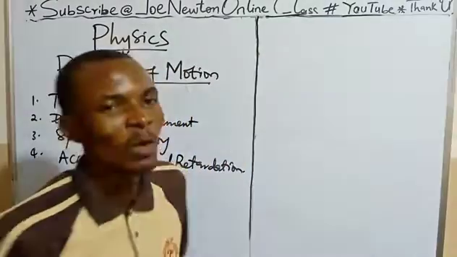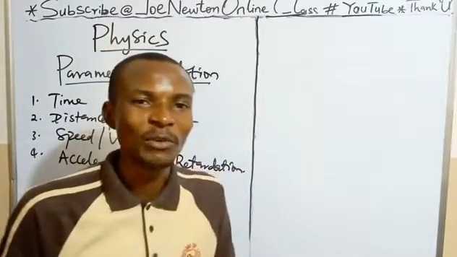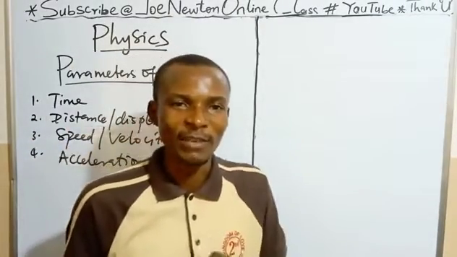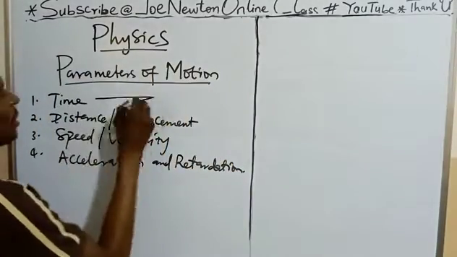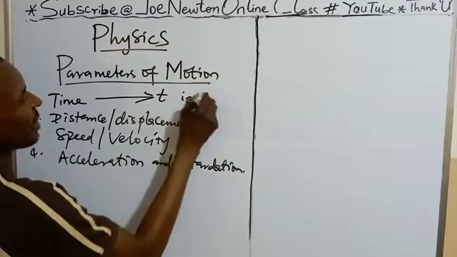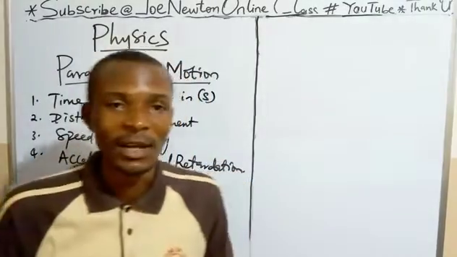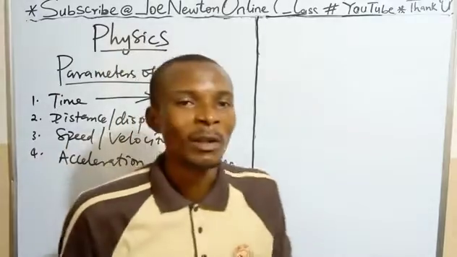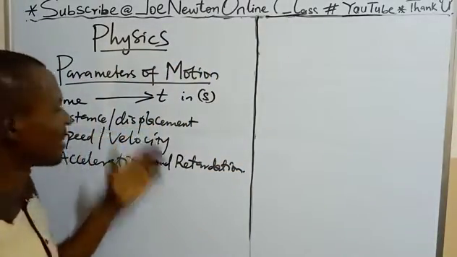So what is the unit of time? The SI unit of time as a physical quantity in physics is seconds. So we measure time, which is T, in seconds. Record that 60 seconds make 1 minute and 60 minutes make an hour. That's it.